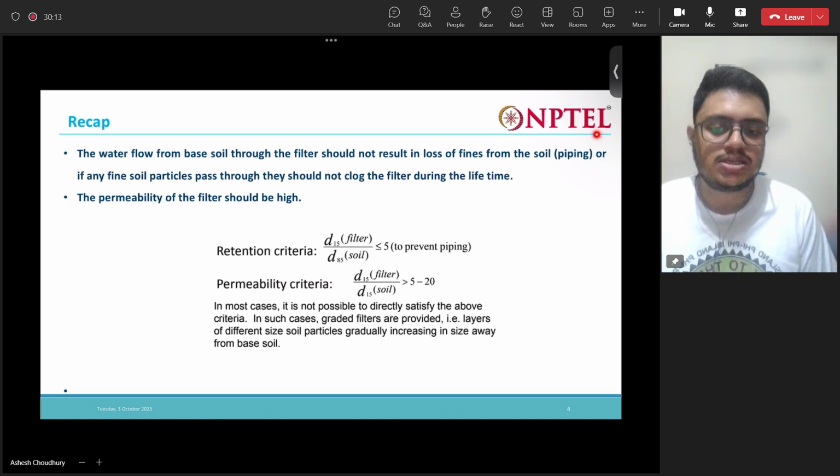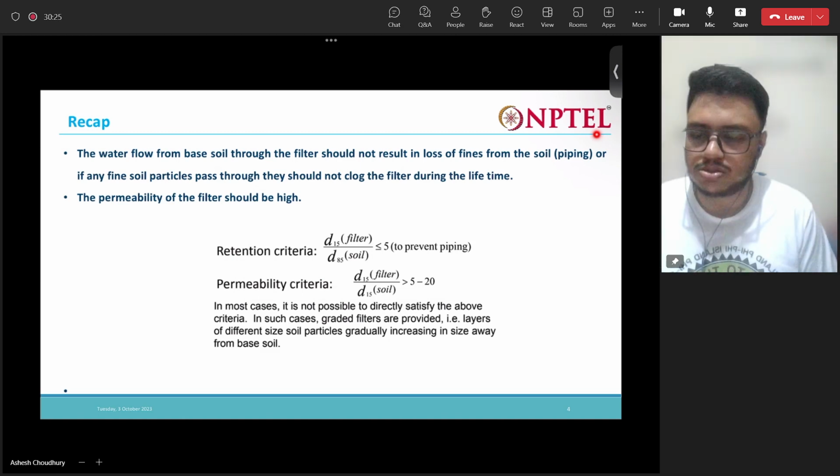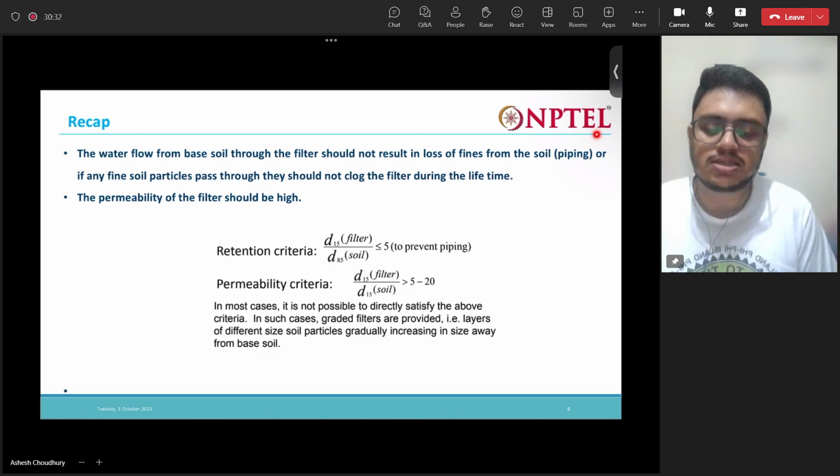So these two criteria given here are related to soil filters. We can make a filter with certain soil layers, and the criteria for those filters are given here.